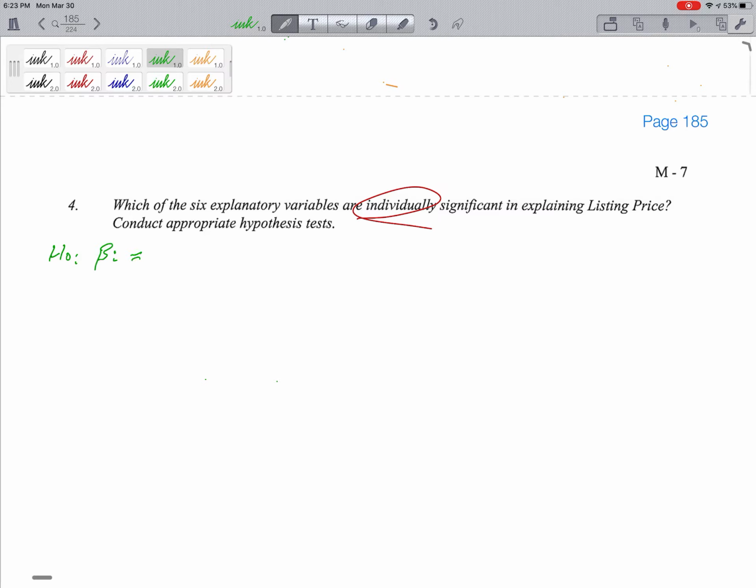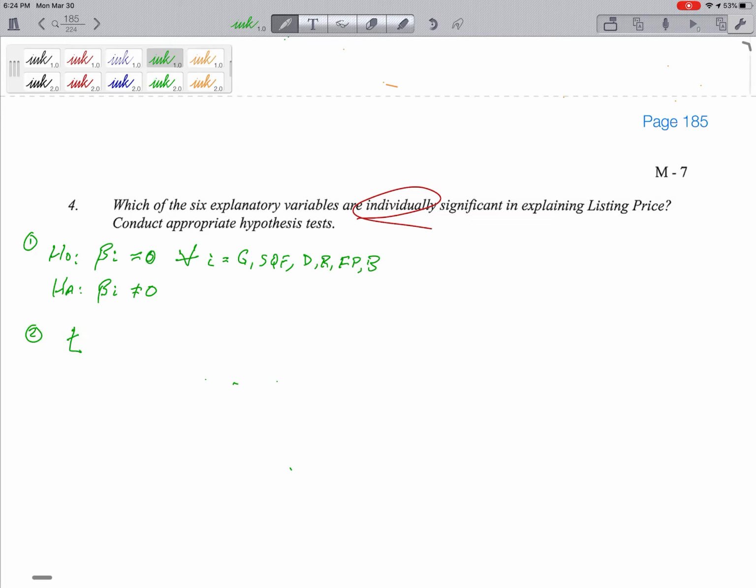So H0 is that the beta for the ith variable is equal to 0, for all variables where i is equal to garages, square feet, days, rooms, fireplaces, and baths. So those are the different subscripts. Against the alternative, remember these are always two-sided tests, that it's not equal to 0. So that's step number 1.